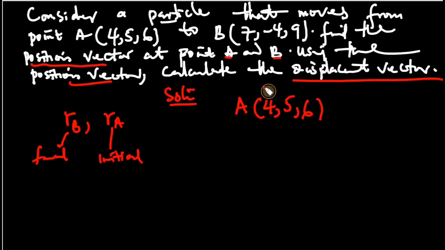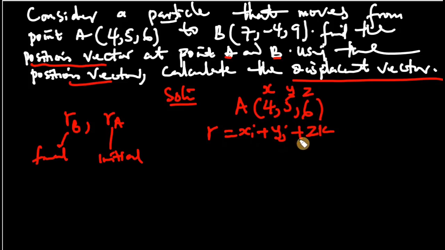So this is X position, this is Y position, and this is Z position. So we can represent this following from this position vector representation in 3 dimensions, which is given as XI plus YJ plus ZK.